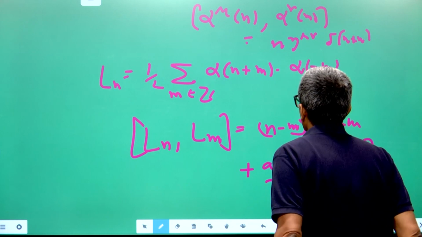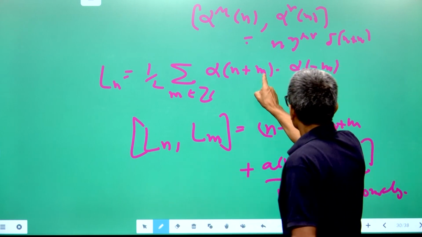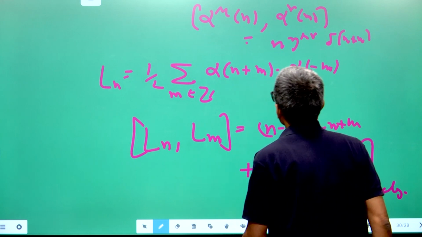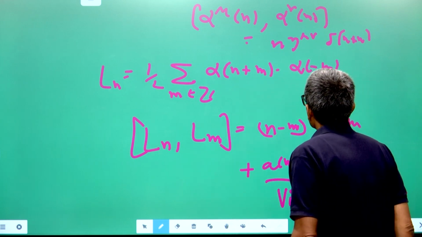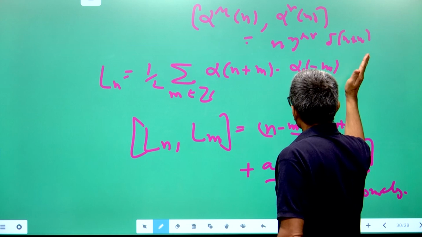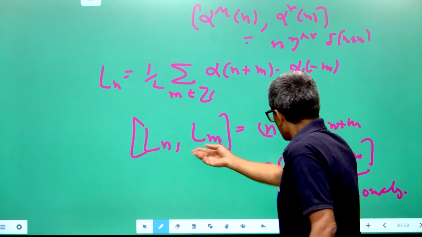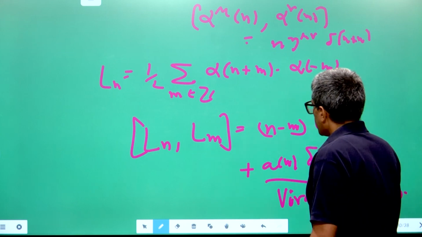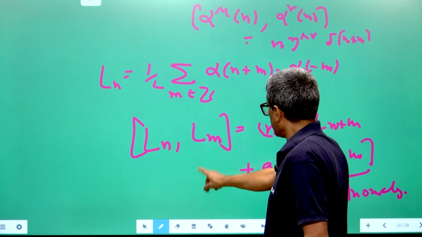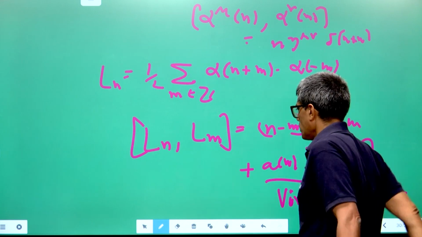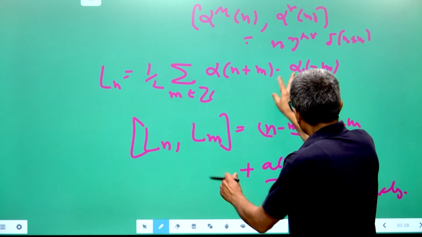So you use a normal order for ln, namely you put all the annihilation operators to the right and all the creation operators to the left. When you compute these commutation relations, this works everywhere except when n is minus m. When n is minus m, there is an ambiguity in the specification, because you can choose either ordering.